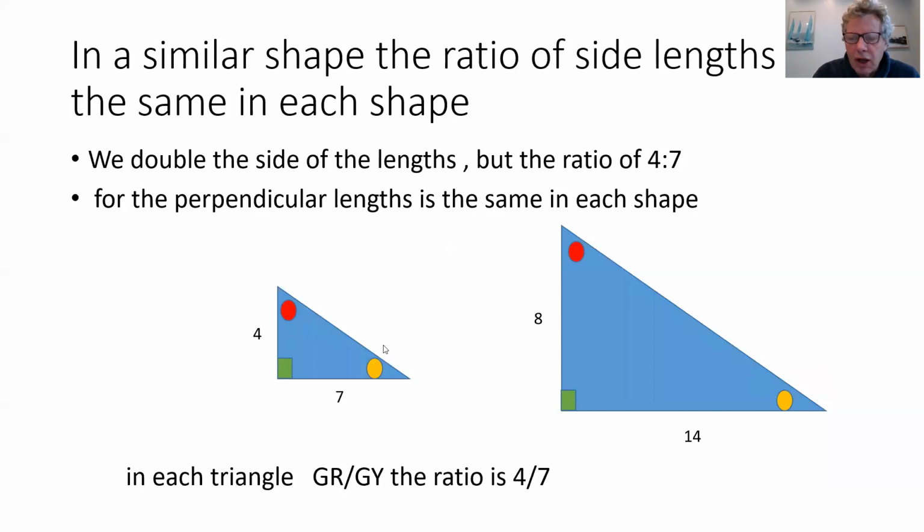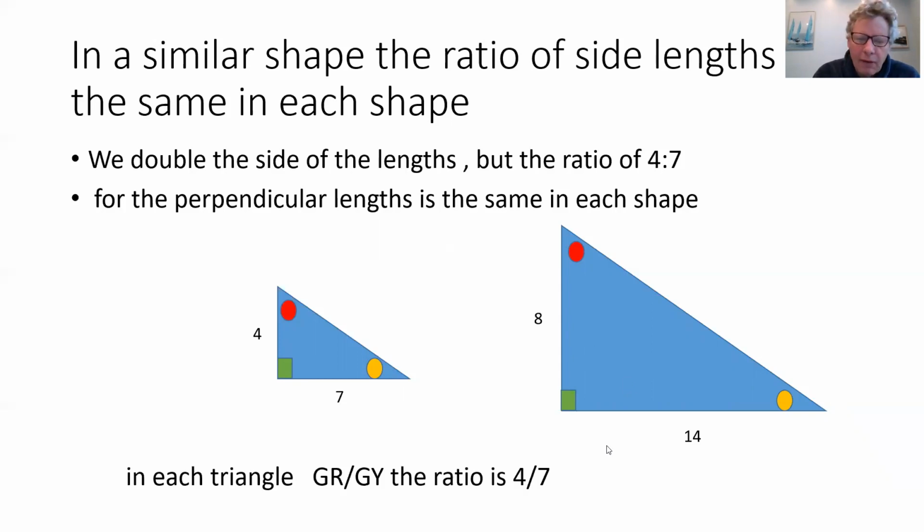So we look at these two triangles here. We've got the side between the blue and the green, and the side between the green and the orange. And the ratio in both of these triangles is going to be 4:7. Never mind the fact that the scale factor is 2. It's this ratio that we're going to look at.